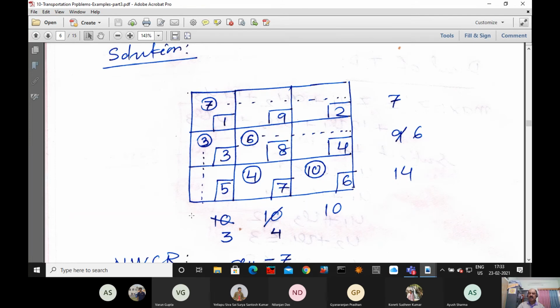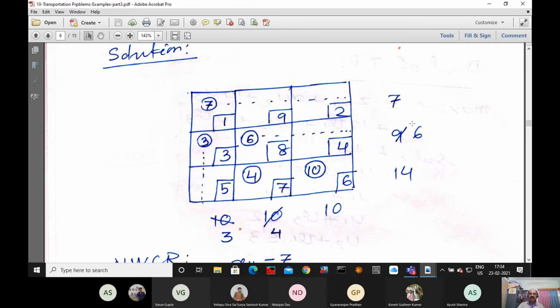Once you have allocated 3 out of 9, 6 units are left. Now this is a transportation problem with only 2 rows and 2 columns. So again, allocate 6 units to the cell and reduce. The second row has gone and the second column's 10 is reduced. Once 6 units are gone, 4 units are left. In the same manner, we have to allocate and complete the process.